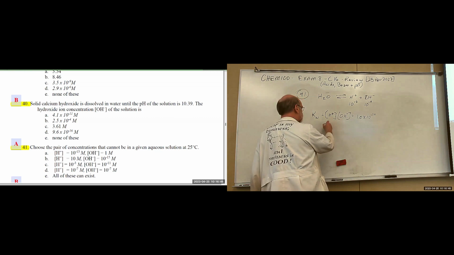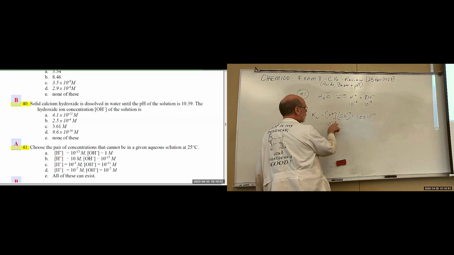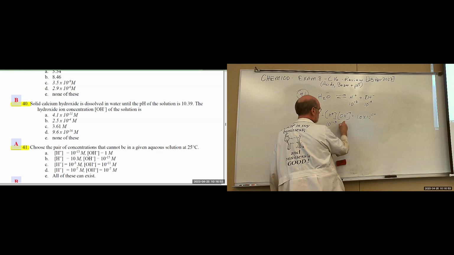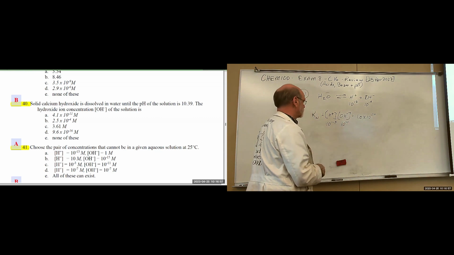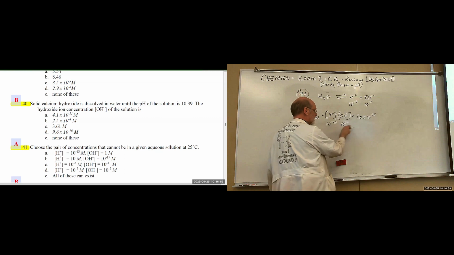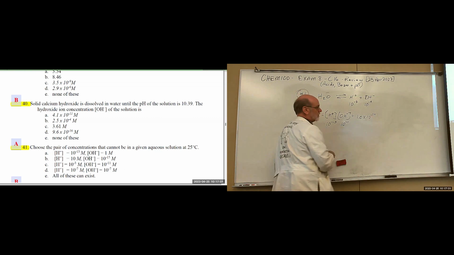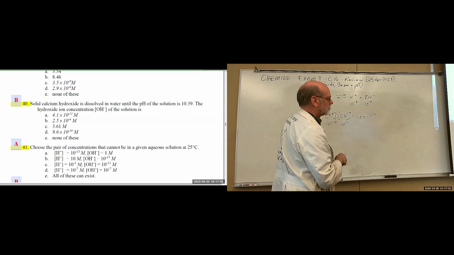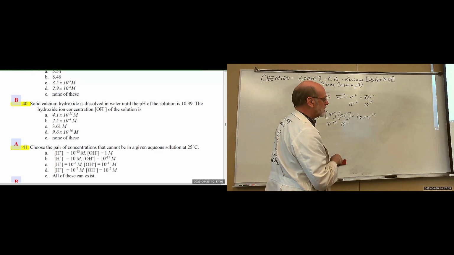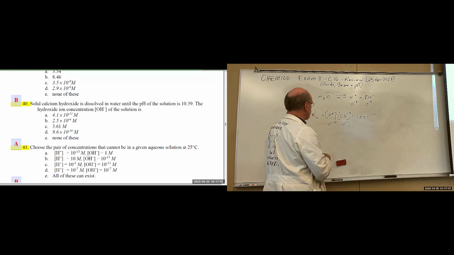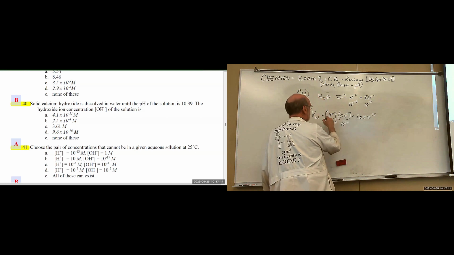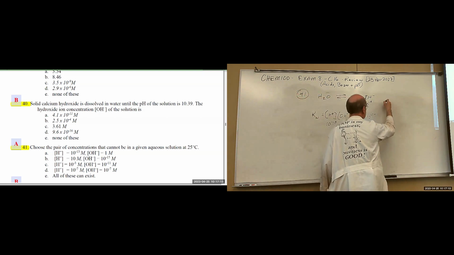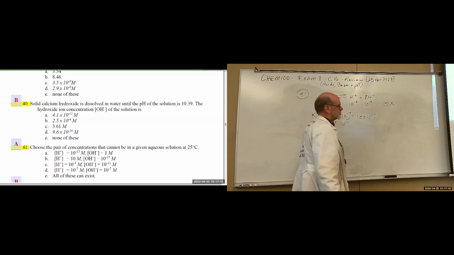If hydrogen ions are 10 to the minus 13, what does this one have to be? 10 to the minus 1, correct? Add these two together, you should get minus 14. So how about A? No. OH cannot be 1 molar. It has to be 1/10 of a molar. So A is wrong.